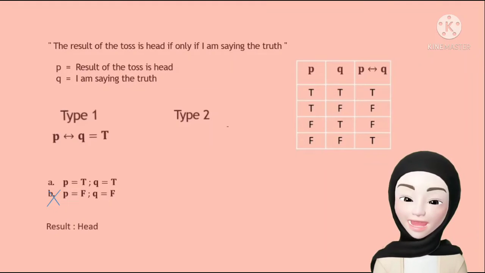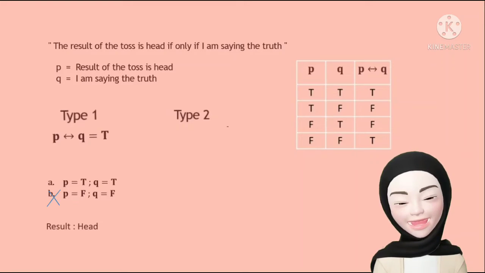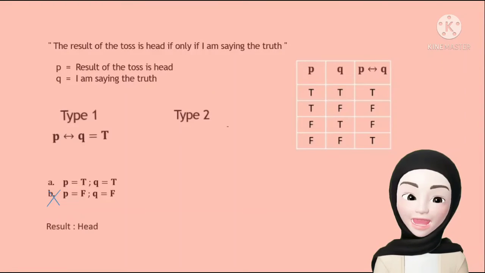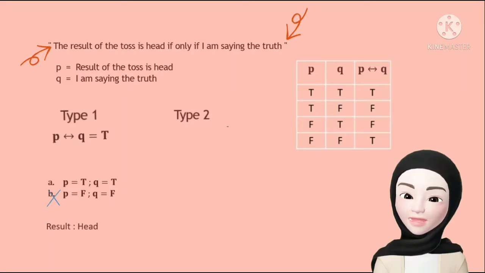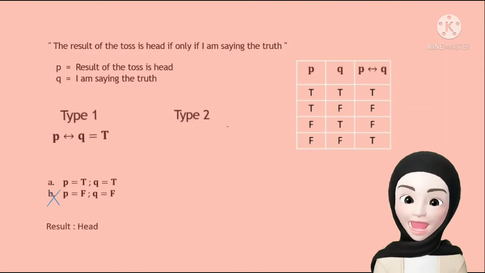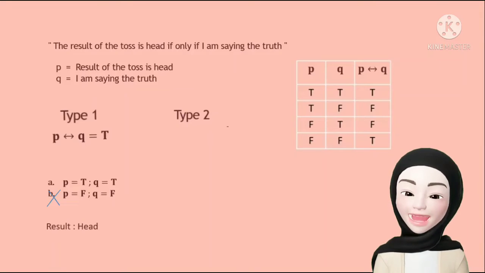Next, we will continue to the second case. The second case is about type 2 people. If type 2 people receive a fair coin and upon asking him, he replies the result of the toss is head if and only if I'm saying the truth. As we know, whatever he's replying is actually false, because type 2 people always lie.